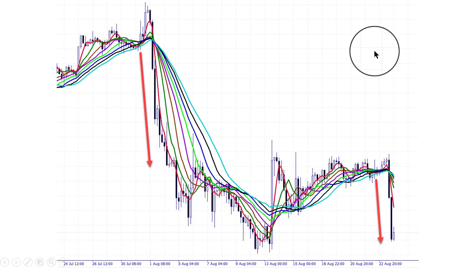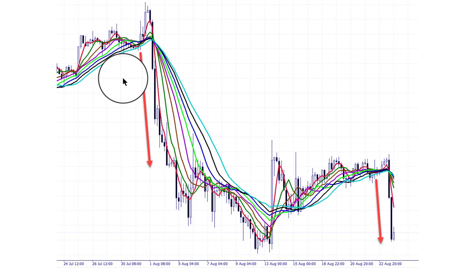Now, why is that important? What does that tell you? That is why we use multiple moving averages. The short, fast moving averages show you the sentiments of the short-term traders in the market, the scalpers and those kinds of traders. Then the longer-term moving averages tell you more about the swing traders' approach, the longer-term traders who take a longer-term view of the market.